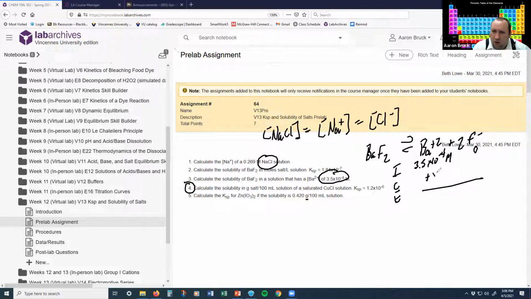And so when we do our ice table, there's an extra factor that we have to put into this.